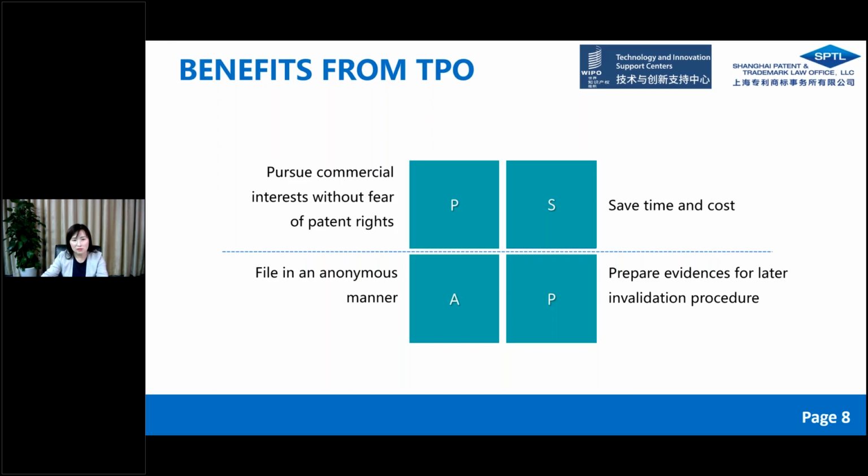We have been asked, will the third-party observation have a negative impact on the use of the same reasons and evidence in the invalidation stage? Generally speaking, the filing of observations with the CNIPA does not preclude the same arguments being put forward in post-grant proceedings.